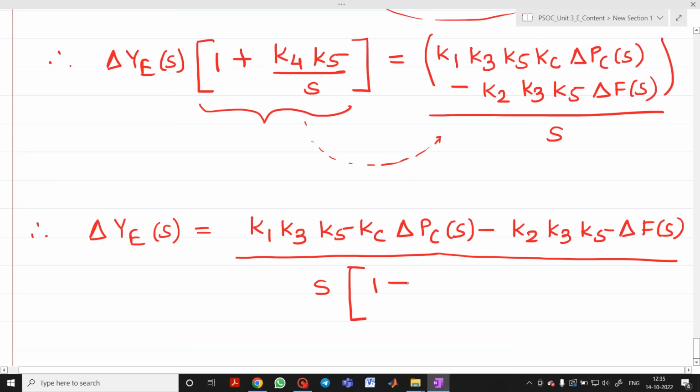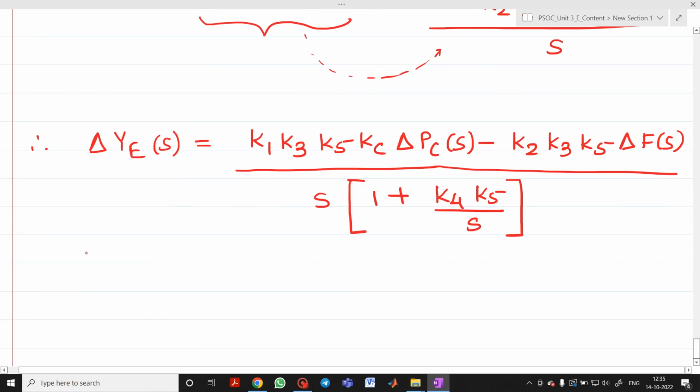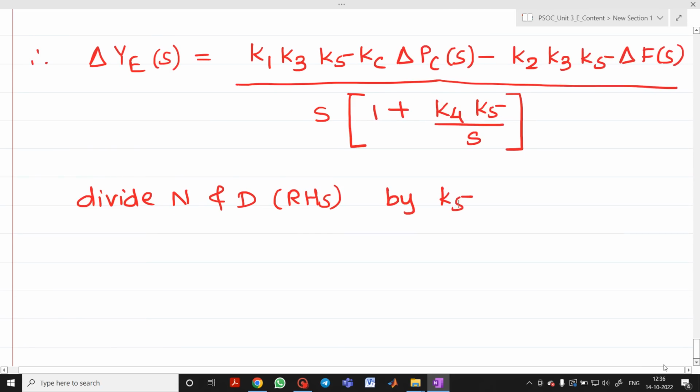So it will be 1 plus k4 k5 upon s. So we will get this expression. Now I will do some adjustments. What adjustments? Divide numerator and denominator, on the RHS side we are talking about, by k5, or we can say take common and cancel out. You can write it in any way.